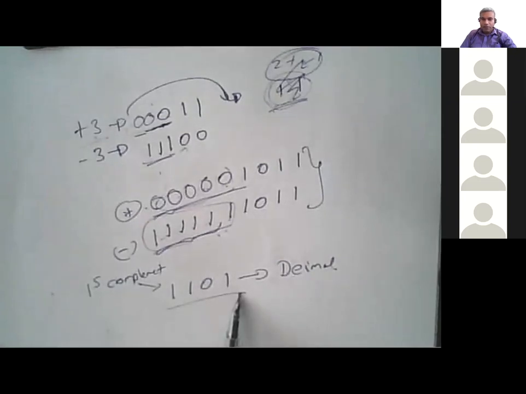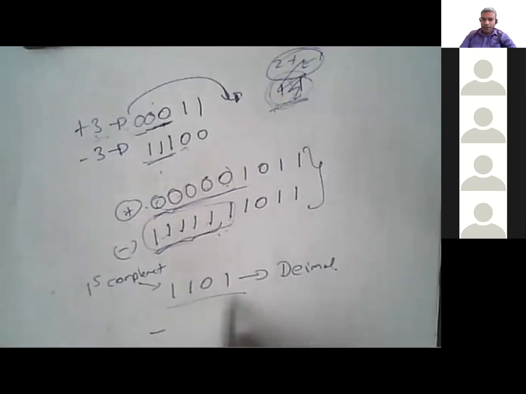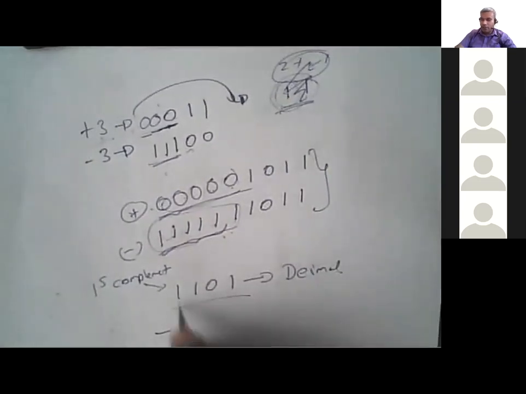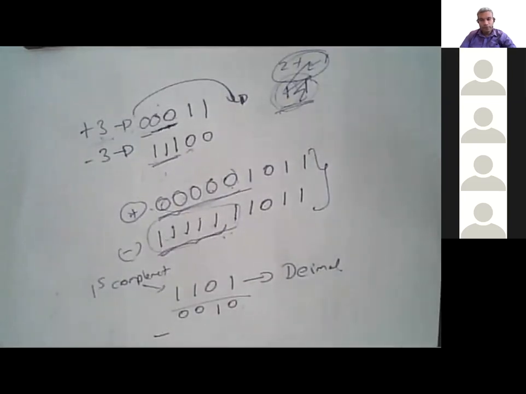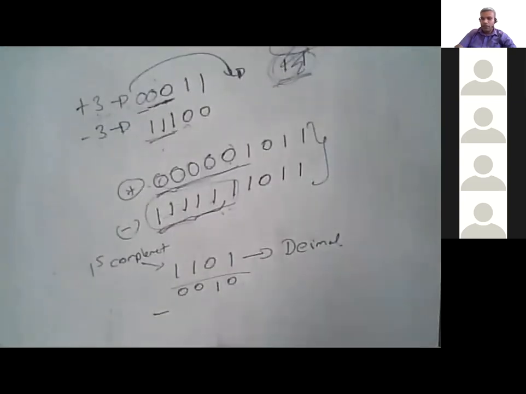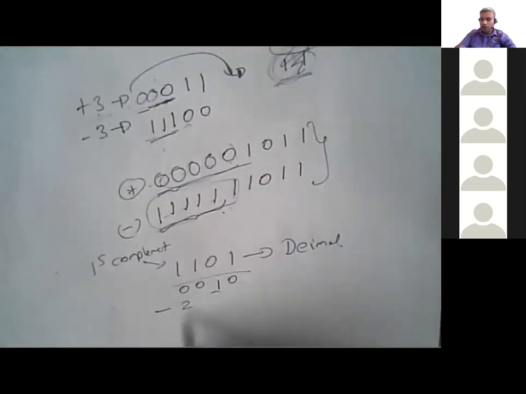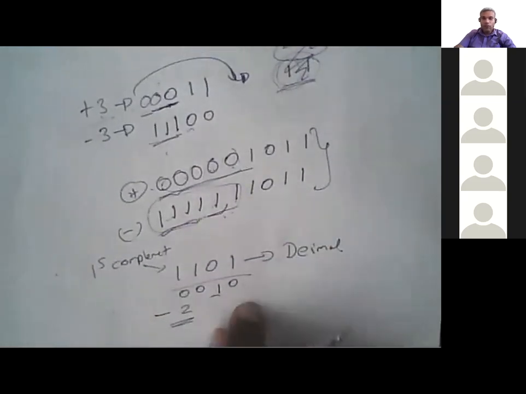So if it's a negative number, you can put a negative sign and then invert the bits to get its magnitude. So we invert the bits, 1 becomes 0, 0, 1, 0. And this becomes 2.